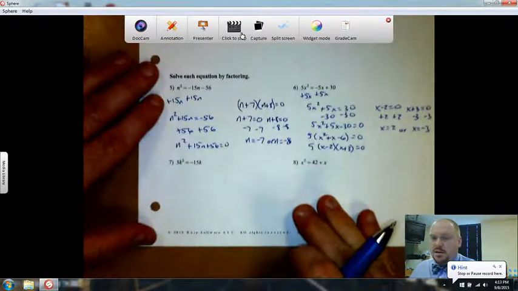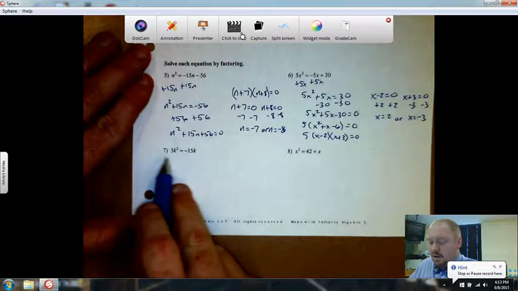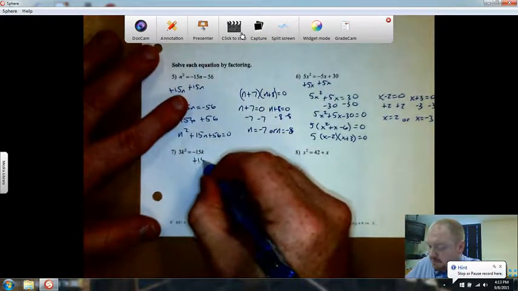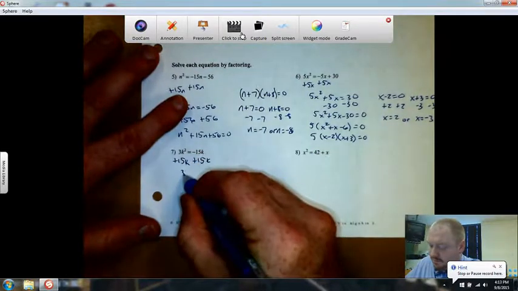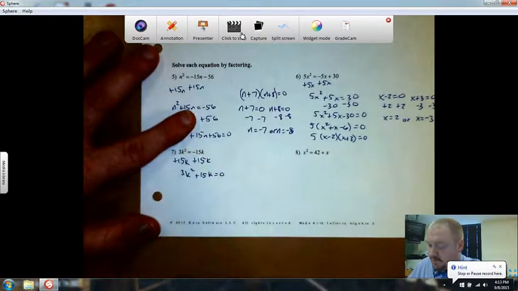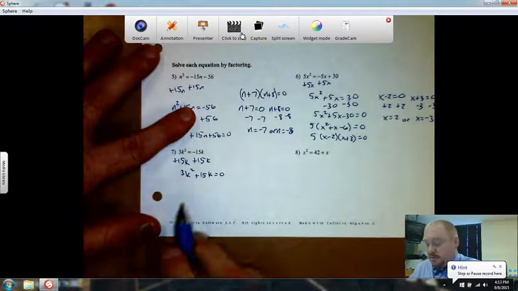In 7 and 8, same thing. I need to get one side equal to 0, so I'm going to keep the squared term positive. I'm going to add 15k to both sides. Now, 3 will go into both 3 and 15, so I can factor out a 3.